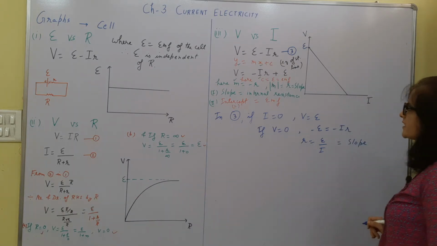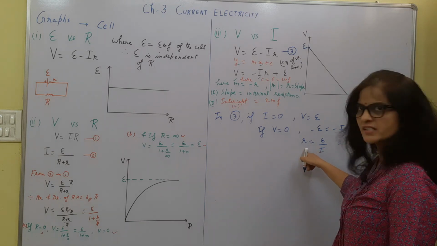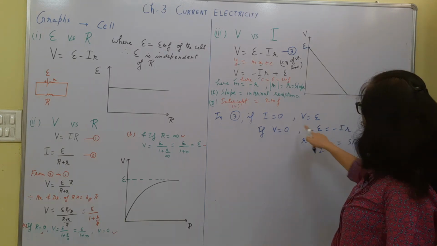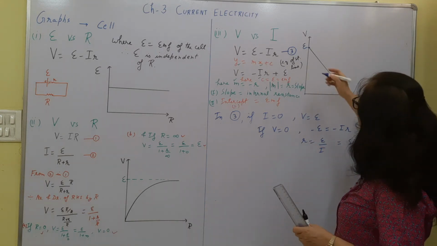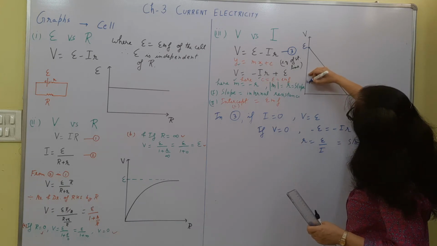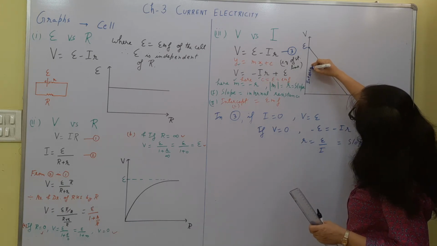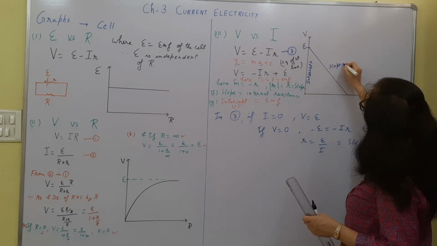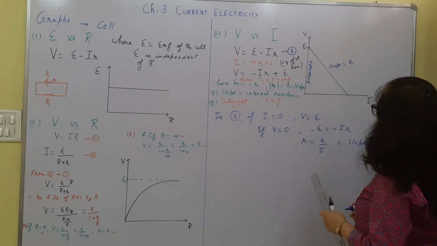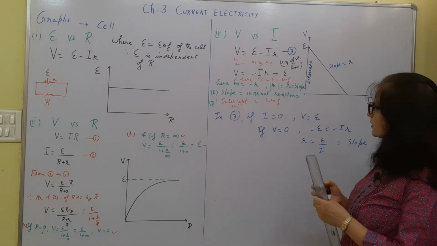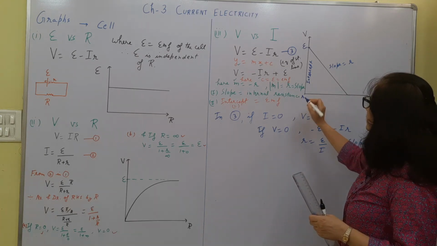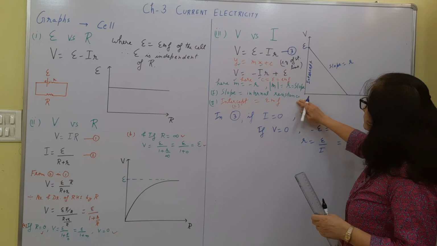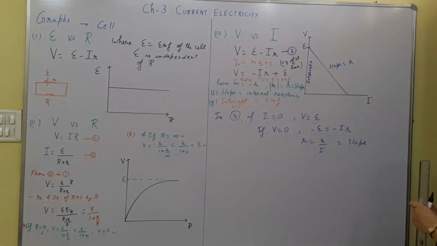So you can say that the slope gives the internal resistance and the intercept gives the EMF. I hope this graph is also clear.